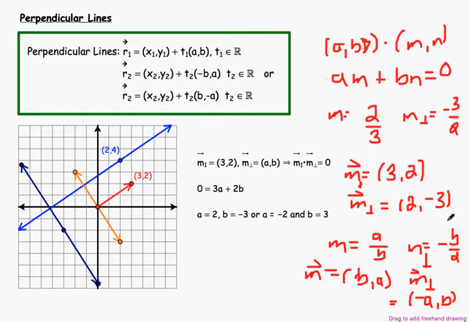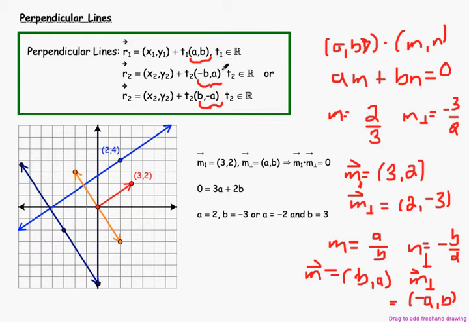Notice if both of these are positive or both of these are negative, then one of the components here would be negative. So if I have a line R1, then there are two possibilities for lines perpendicular to it. The direction vector here is a comma b. Notice how the components have switched places. It's b comma a, and now we need one negative. So -b comma a or b comma -a.